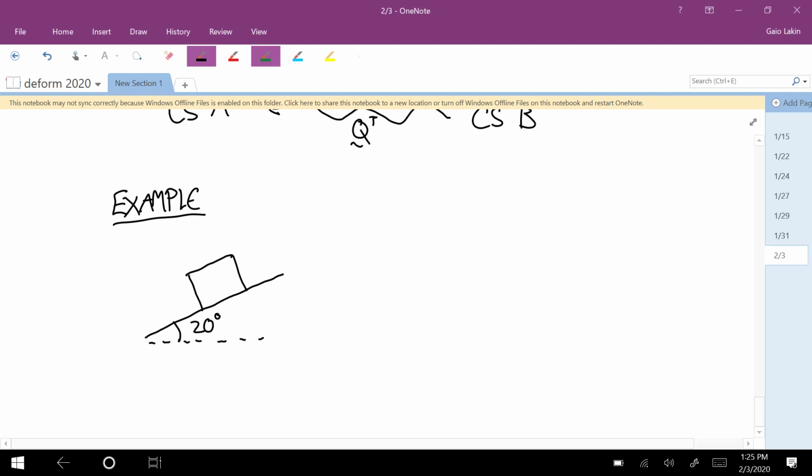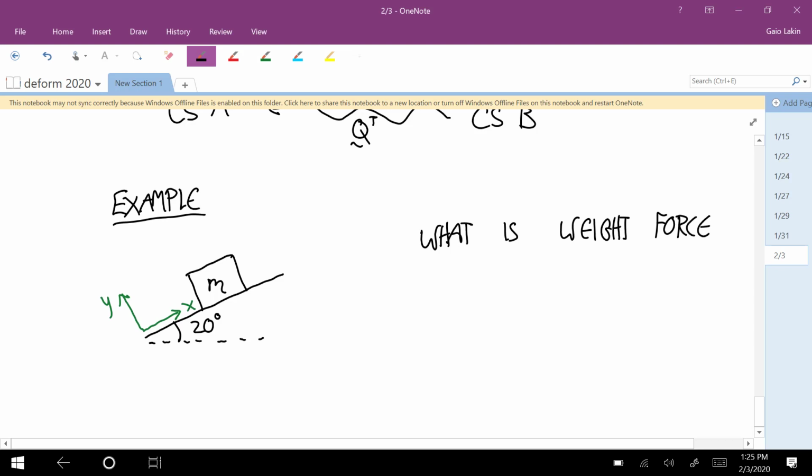And when you do this in Physics 1, the coordinate system you choose has the y-axis going out of the surface and the x-axis along the surface. Okay. Say this has a mass m. So what's the weight force vector in the coordinate system shown?